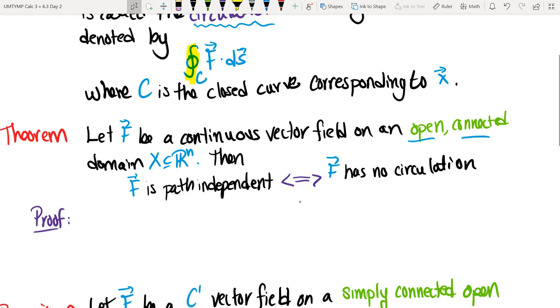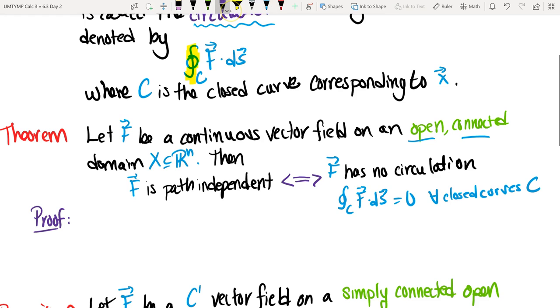What that means is that the circulation, the vector line integral over a closed curve, is equal to 0, for all closed curves C.